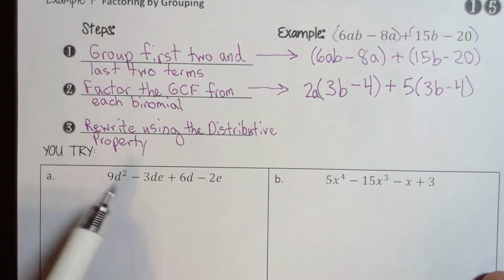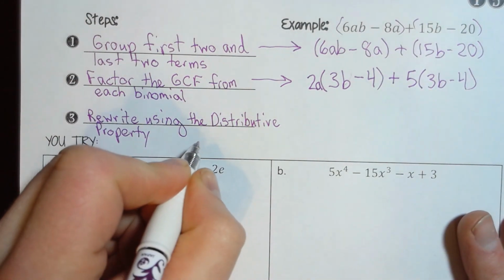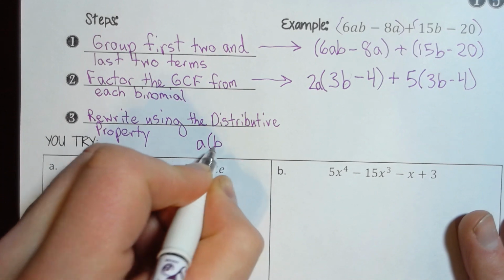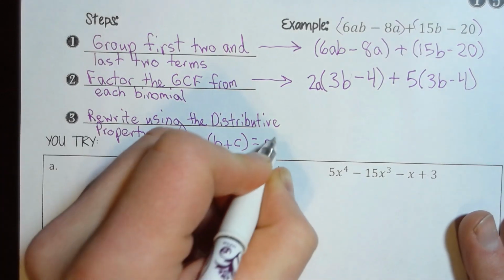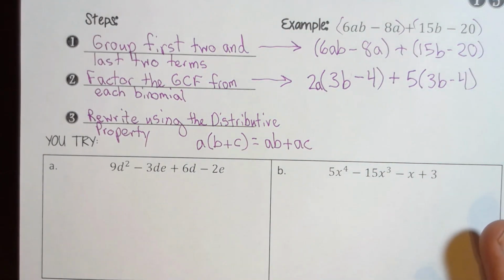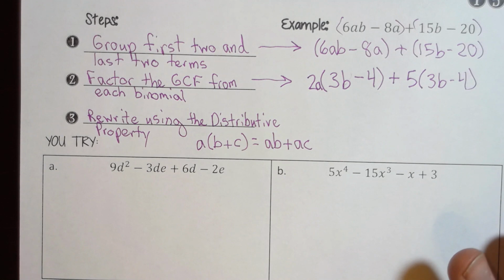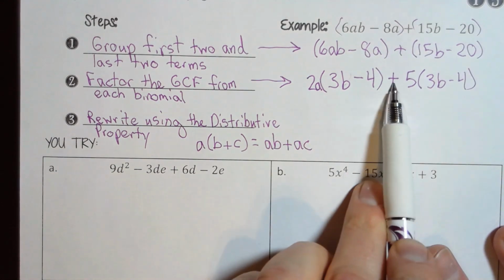Okay, we are going to rewrite using the distributive property. Well, let's remind ourselves what the distributive property is. A times (B plus C) equals A times B plus A times C. So the question is, what form are we in right now? Well, right now we're in this form. Do you see this plus sign right here?